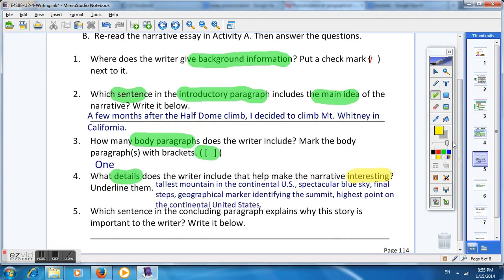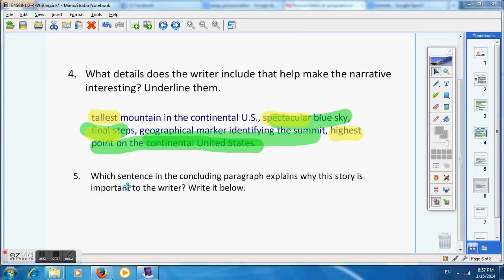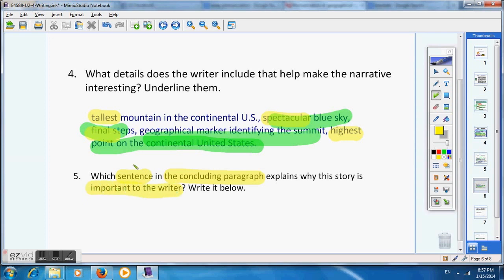So let's go to question number 5. Which sentence in the concluding paragraph explains why the story is important to the writer? Write it below. So we have to look for a sentence in the concluding paragraph where you would know why the story is important to the writer.